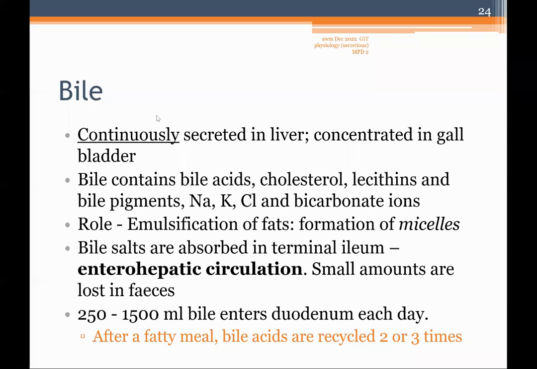So very small amounts are lost in the feces. And this is how the body is able to conserve the majority of the bile so that it doesn't spend so much time making fresh bile every time that it is needed.